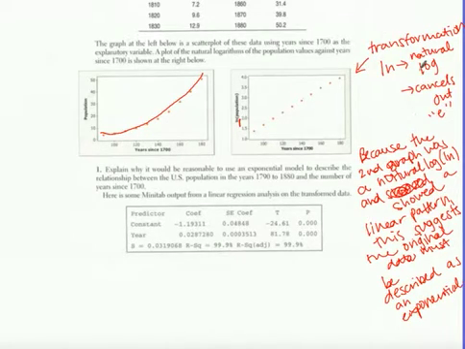Which is what we were talking about up here. It goes on and it says, here is some Minitab output from linear regression analysis on the transformed data. So then you've got this.